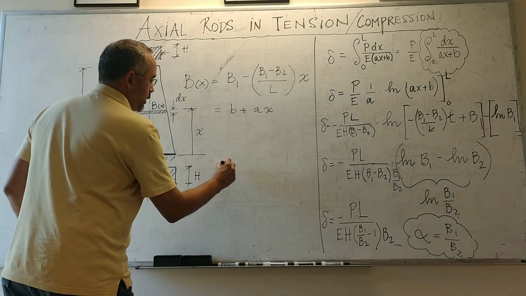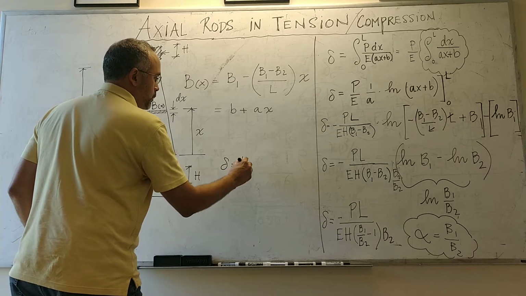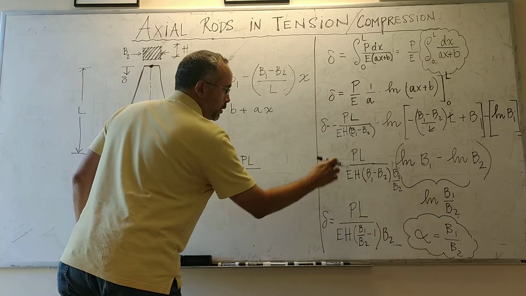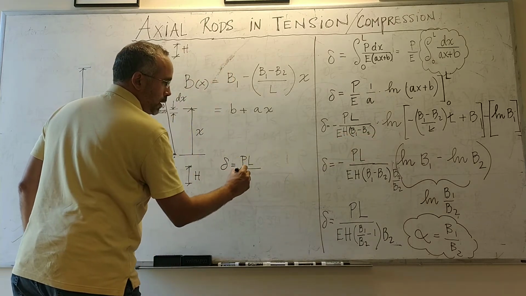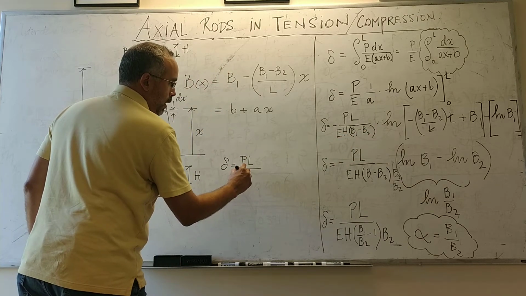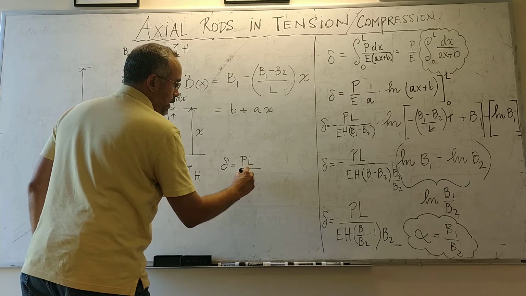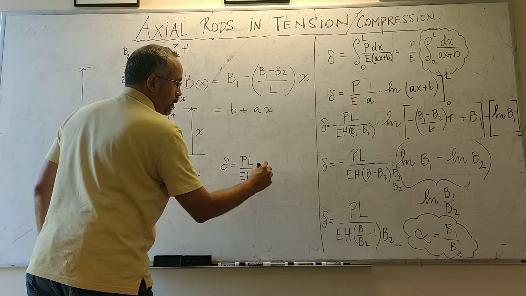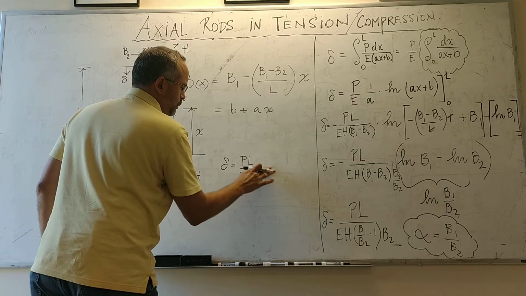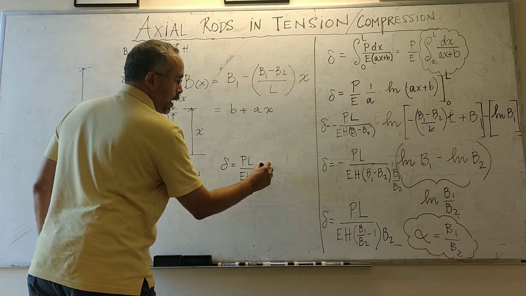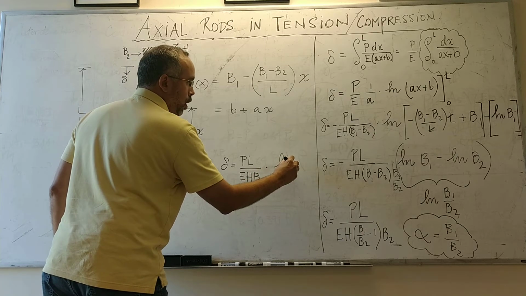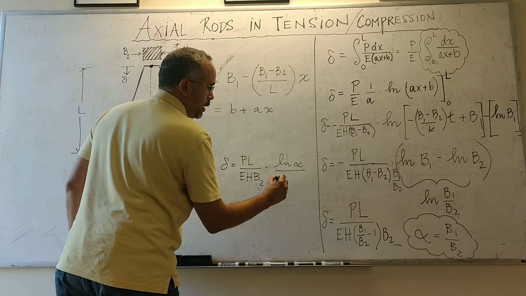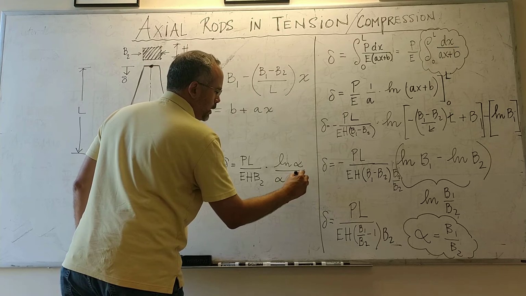If we do that, we get this really nice expression here that says PL, there is no minus here because we've already integrated it with the expression, PL over E h b2 times log of alpha divided by alpha minus 1.